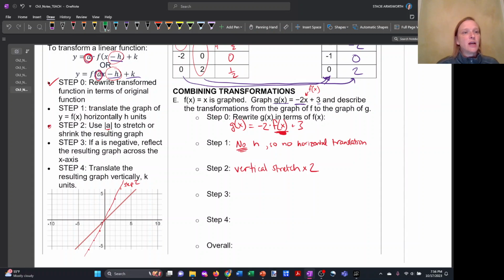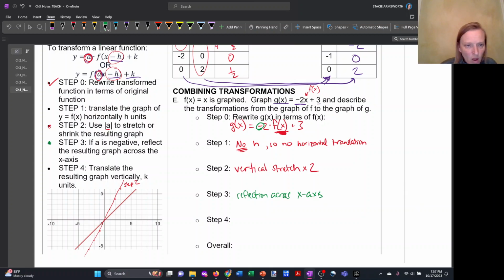Step 3, I'm going to do this in a different color. Step 3: if a is negative, reflect the resulting graph across the x-axis. Okay, so a is negative, my multiplication factor is negative, so I need to transform this by doing a reflection across the x-axis, because of that -2.